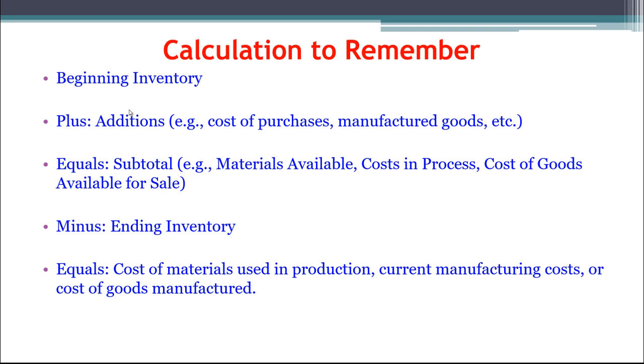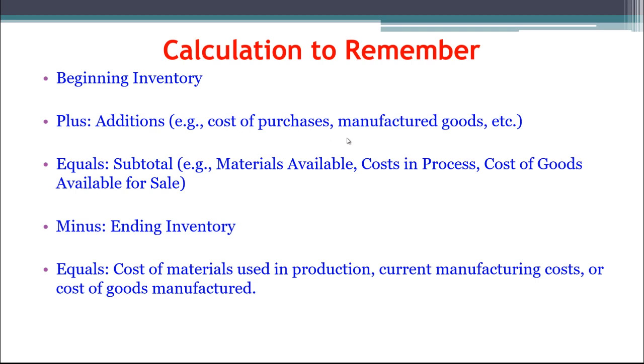Now, I have some very general phrases here intentionally because it shows up 3 different times in 3 different things. But the calculation you need to remember is a beginning inventory of whatever we're talking about, plus the additions for this period. If we're talking about materials, it would be cost of purchased materials.